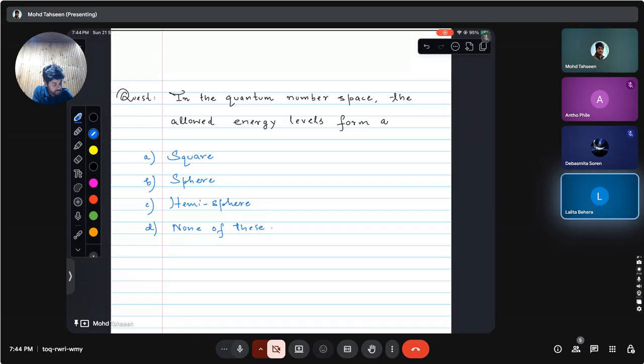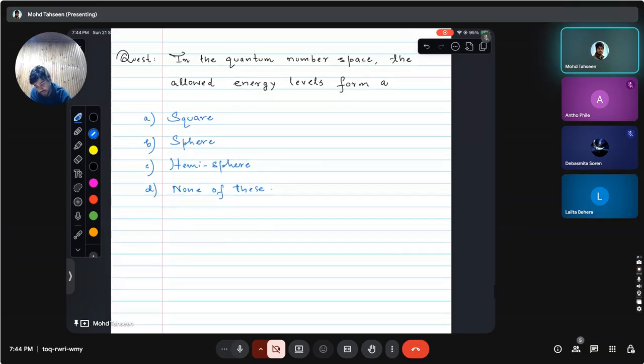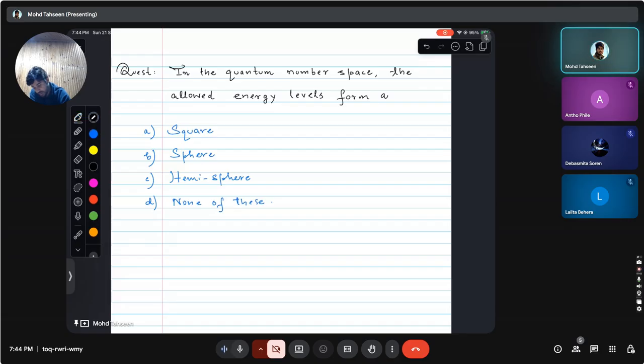Sir, sphere. Sphere. Okay, so this feels like the correct answer, but let's read the question again. It says that in the quantum number space, the allowed energy levels form a, right?